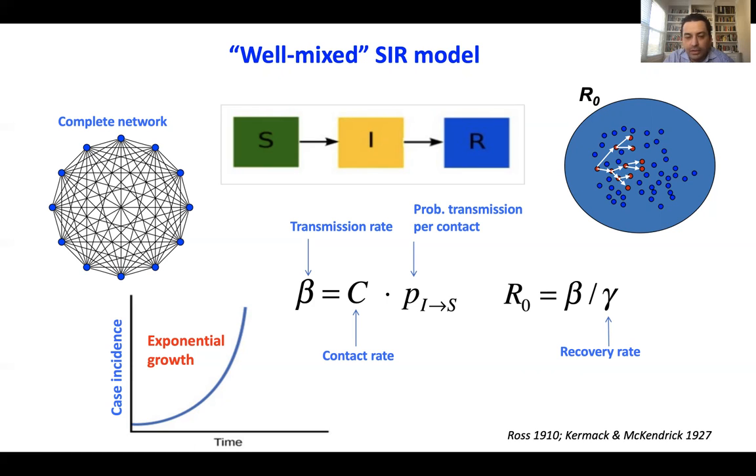As a result of this assumption, the epidemic grows exponentially fast whenever R0, the basic reproduction number, is greater than 1. This building block is employed across many different infectious diseases, whether that's Ebola or SARS or SARS-CoV-2.